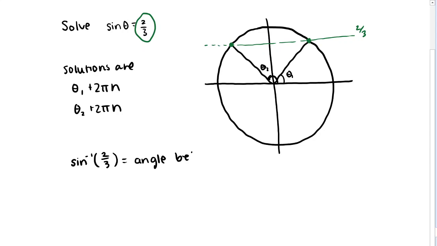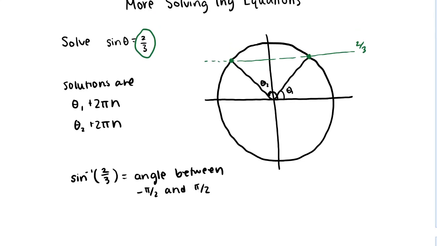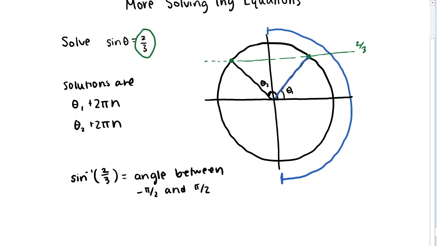It gives us back an angle between negative pi over 2 and pi over 2, so it's going to give us back an angle in this interval here. And so sine inverse is going to tell us exactly this corresponding position, this angle, theta 1.